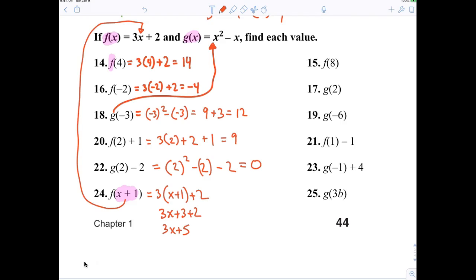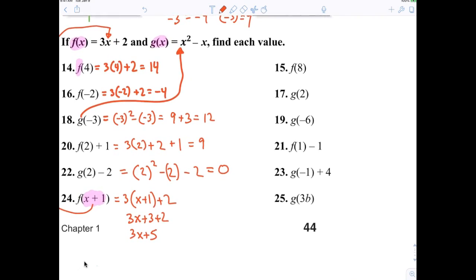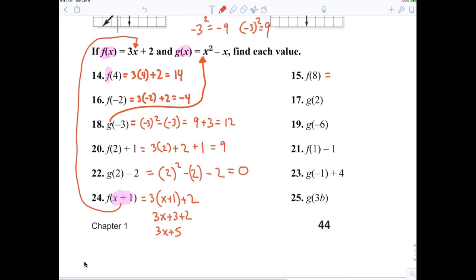Everybody good? All right. F of 8. Now, I did all the evens. I want someone else to help me out now. What do I do with f of 8? Thank you, Hubble. Hubble, how do I do 14 through 24? And you're telling me you don't know. Come on, Hubble. What do I do with the 8?